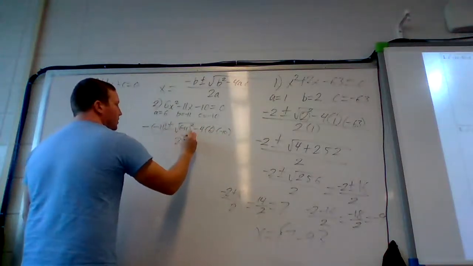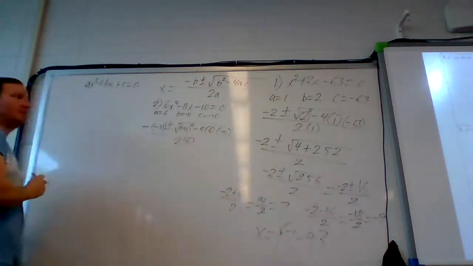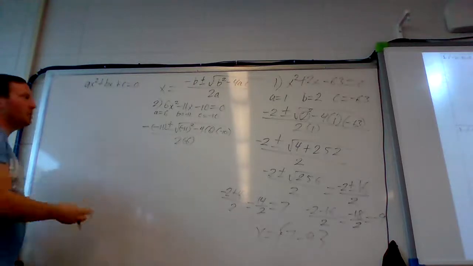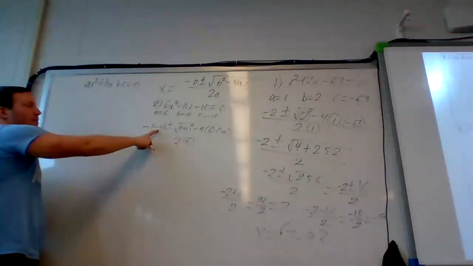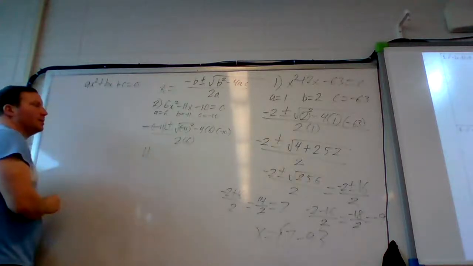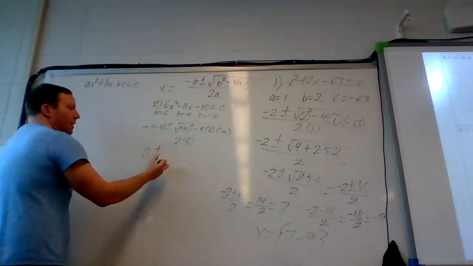Perfect. Quick, I've got to write that down. So that's it, and then we start simplifying. Okay. So we have a negative times a negative 11. This is a positive 11. Plus or minus the square root.